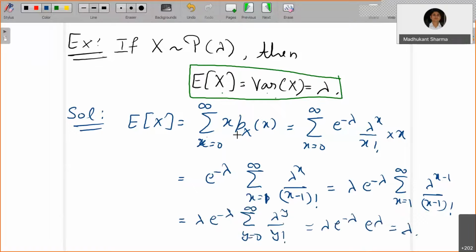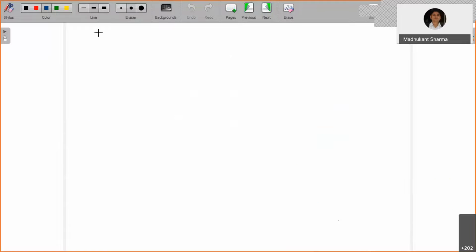Now for obtaining the variance of the random variable x, what you can do is find the expectation of x square in the same fashion, and then you can look at the variance of x. So what is the expectation of x square?